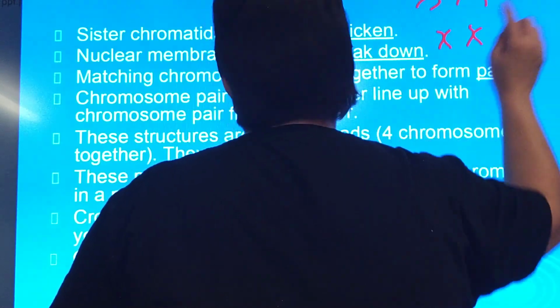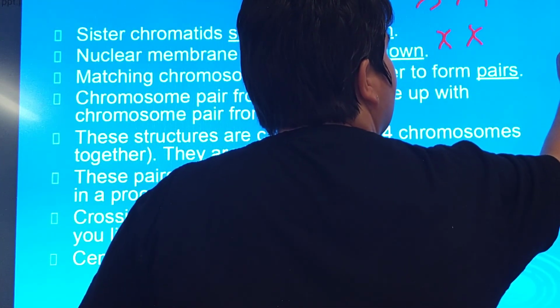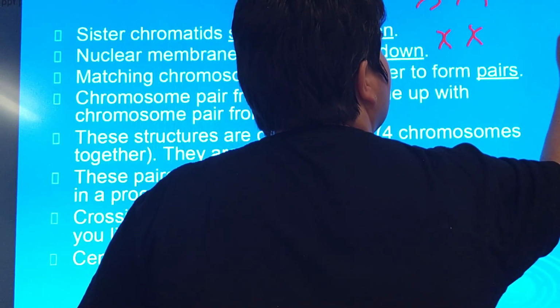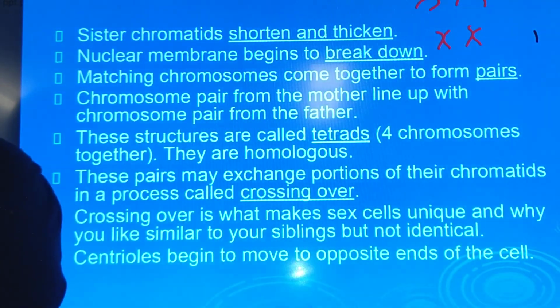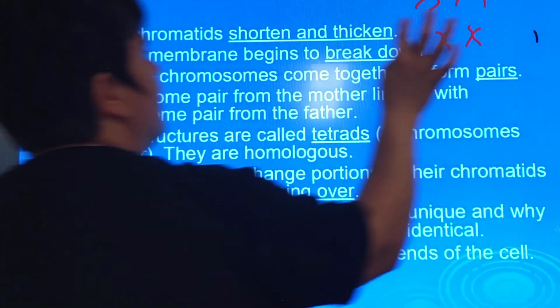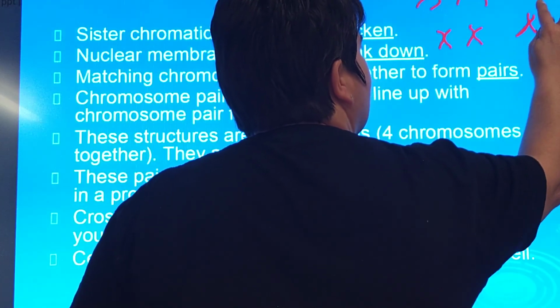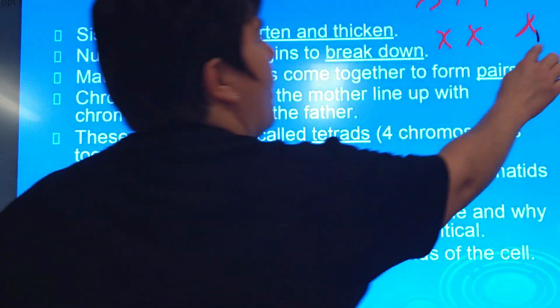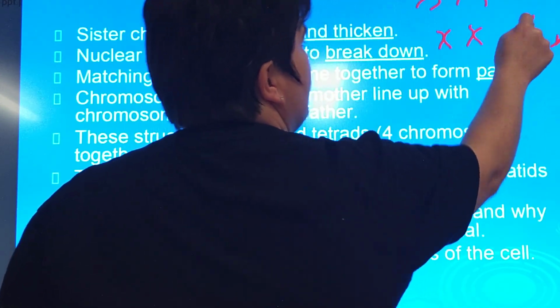And then it may come out looking something like that, where part of this chromosome is going to this one, and part of this chromosome is going to this one.